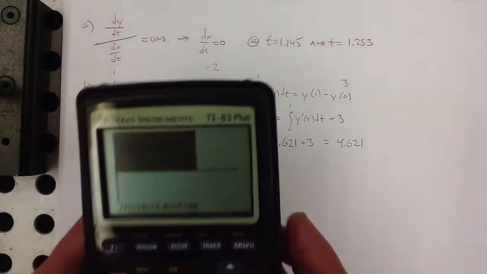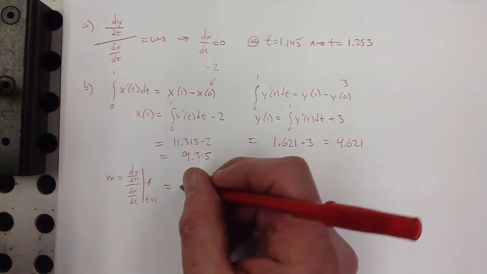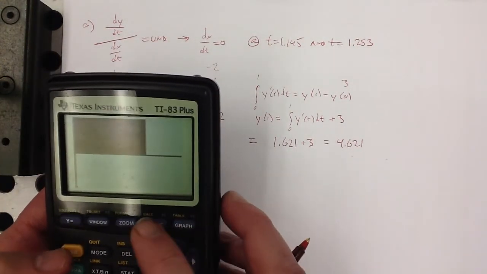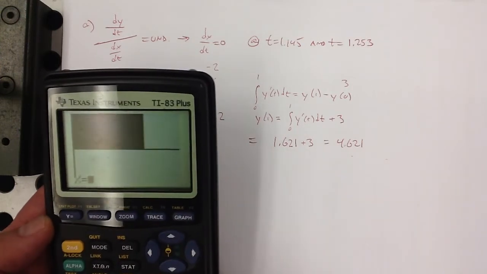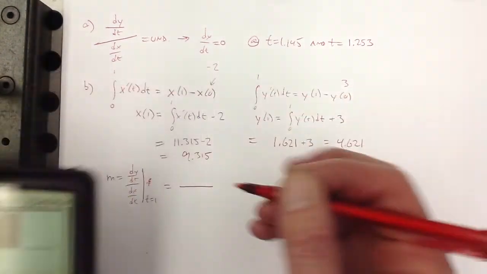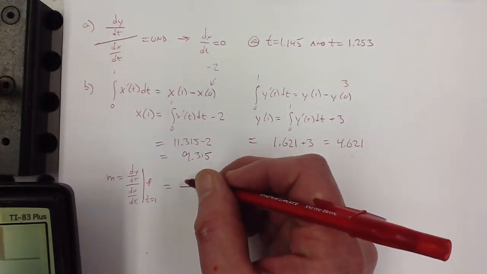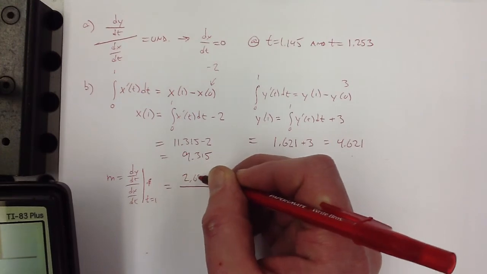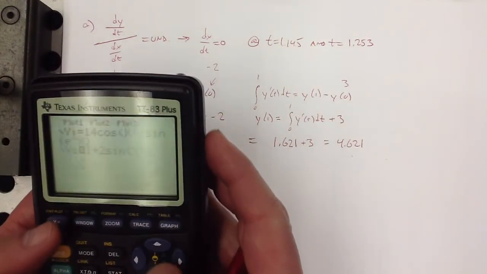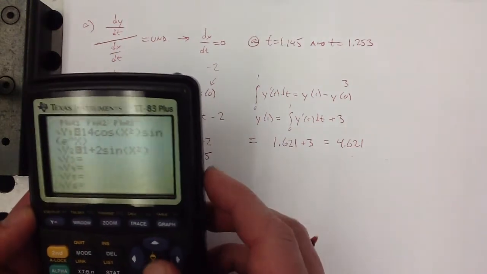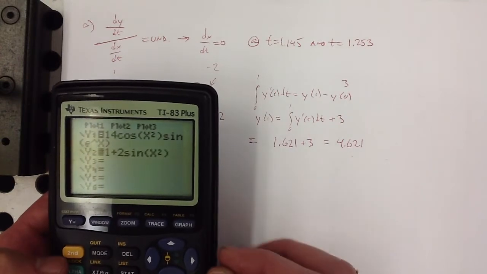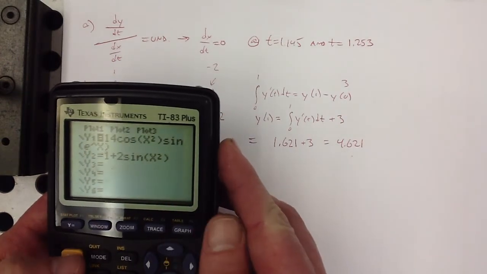So for dy/dt, if I go here, I can do value, that's y2, that's on top, 2.683 over, go back to this and turn that one on and this one off. This is some tedious calculator work, but easy points if you're careful.